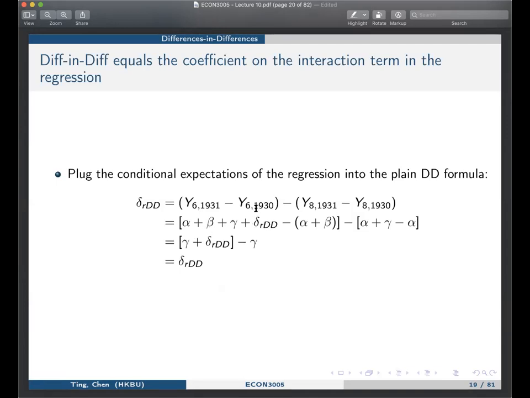The 6th district in 1930 is alpha plus beta. The A district in 1931 is alpha plus gamma, minus the A district in 1930, which is alpha. We cancel out alpha and beta in the first part and alpha in the second part, leaving delta. So it's exactly the same.